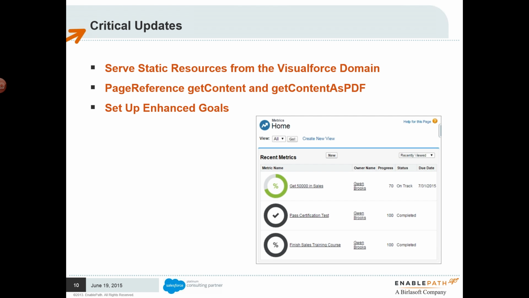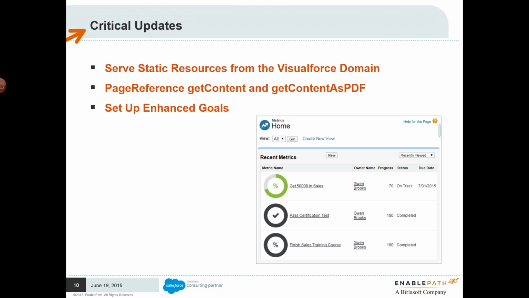The Get Content and Get Content as PDF instance methods return the content of a rendered page as HTML and PDF respectively. The end result here is with this update, calls made to these methods behave as callouts, and the calls are tracked against the limits of the calling transaction. This is really a performance-related enhancement and one that we're glad to see Salesforce make.